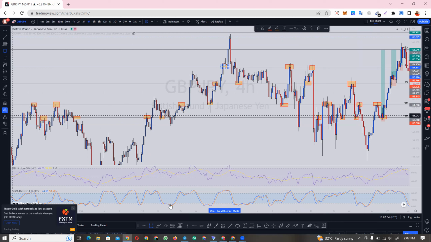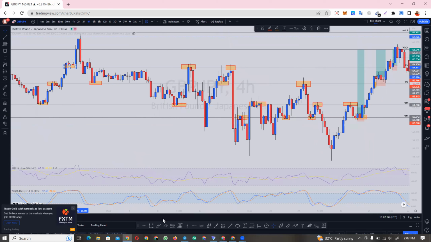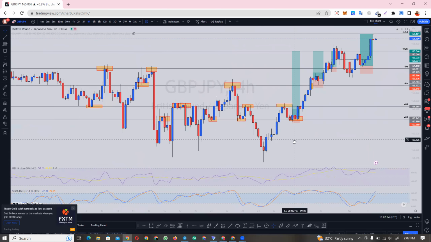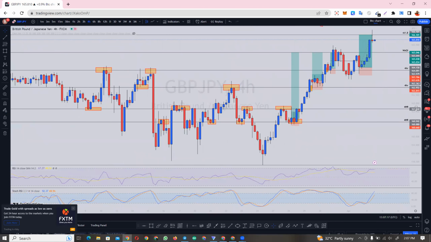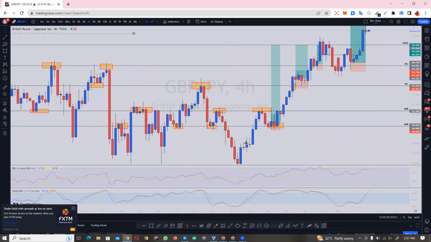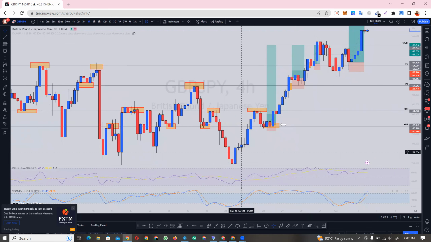So let's continue. So how did I now take my entries? Once you mark your supply and demand zones, the next thing you should do is to just leave them and then watch how market is reacting at that zone. So once you have a breakout, for example, you have marked these zones, just leave it.